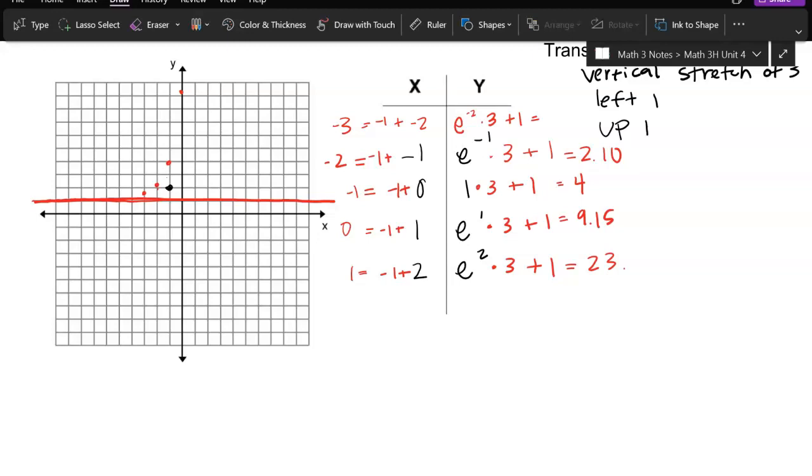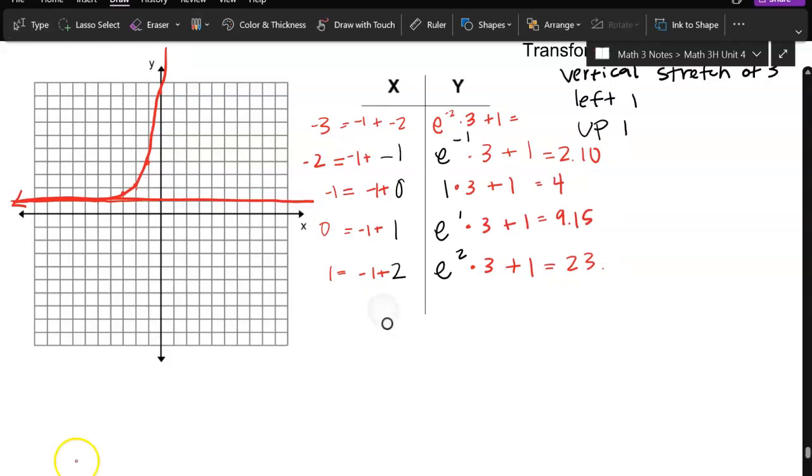All right, so you'll notice our line here is going to come down and go here. So we're moving that curve. We moved it left one, up one, and then stretch those points farther away from each other.